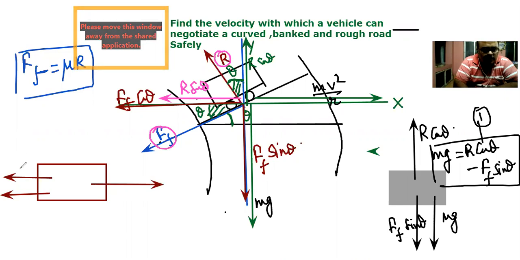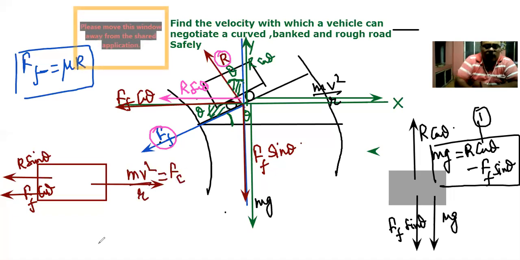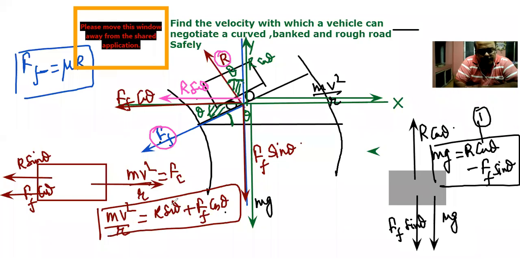So this will be your R sine theta, this will be your frictional force cos theta, and this is your mv square by r, that is the centrifugal force. So we can write mv square by r is equal to R sine theta plus frictional force cos theta. So this becomes my second equation.